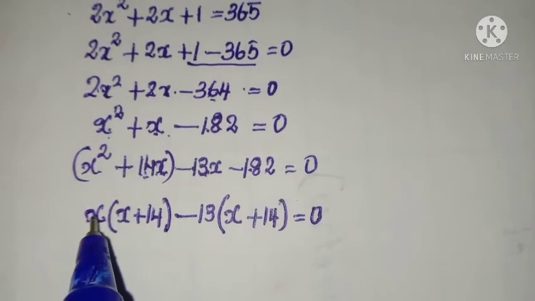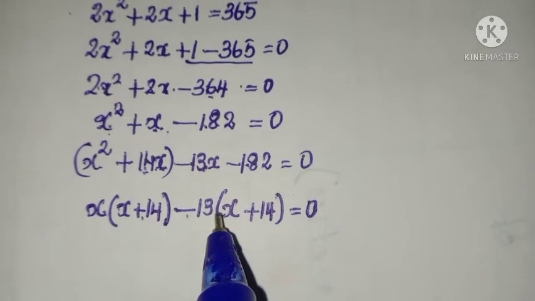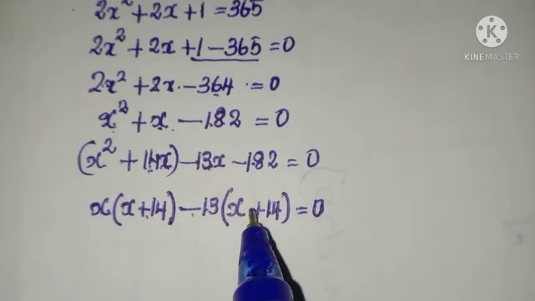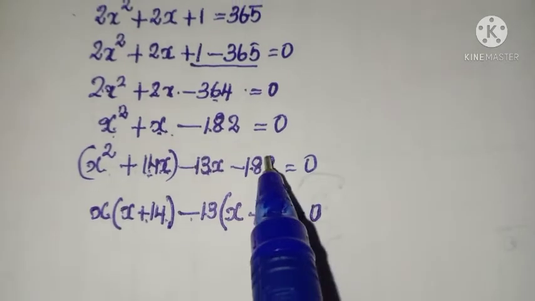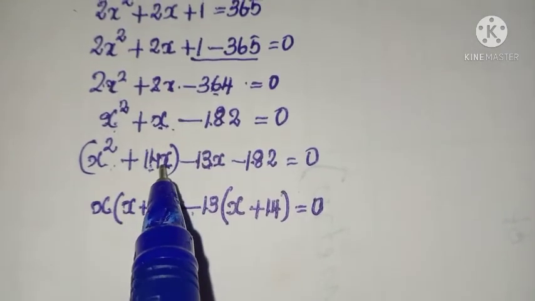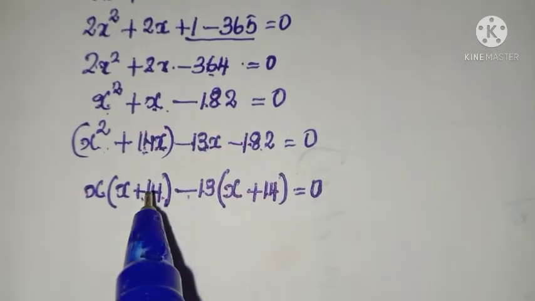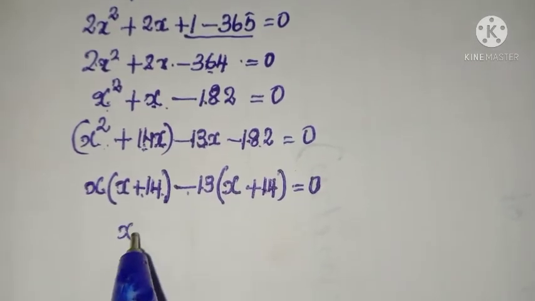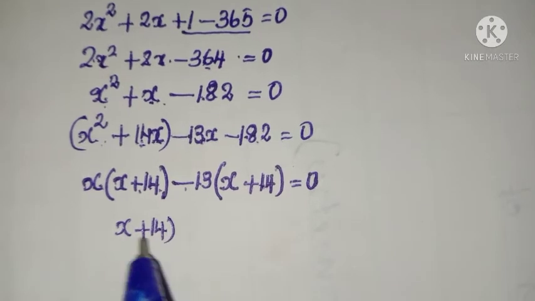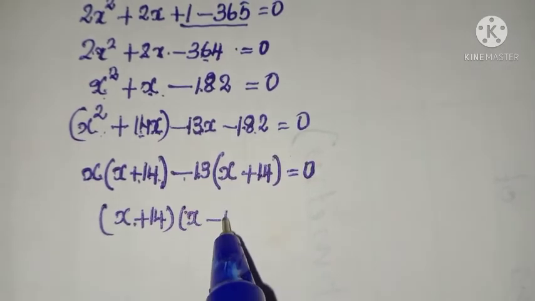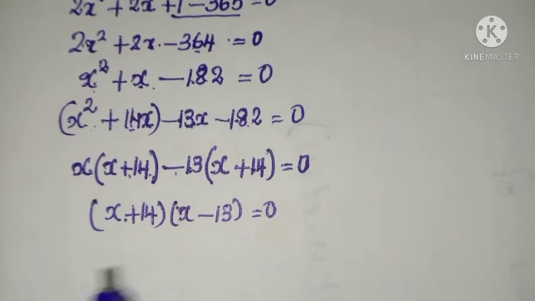If you multiply this x with this bracketed expression and minus 13 with this bracketed expression, you can see it is same as this one, x square plus 14x minus 13x minus 182. Okay. Here the bracketed expression is common. So x plus 14 into remaining factor x minus 13 equal to 0.